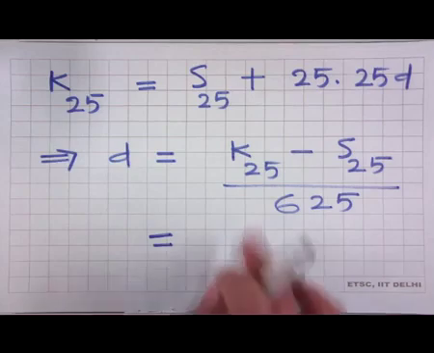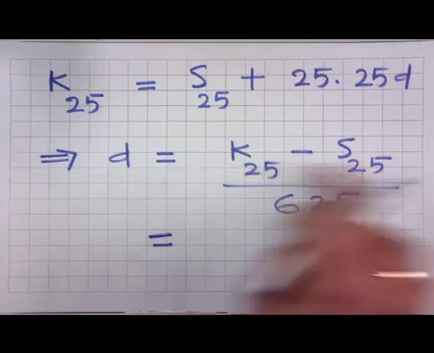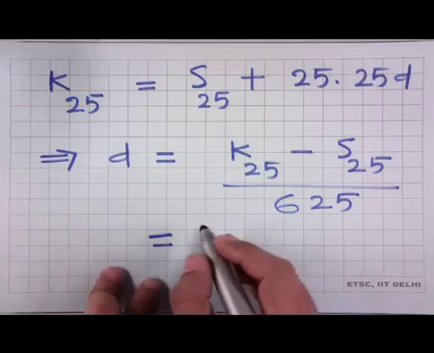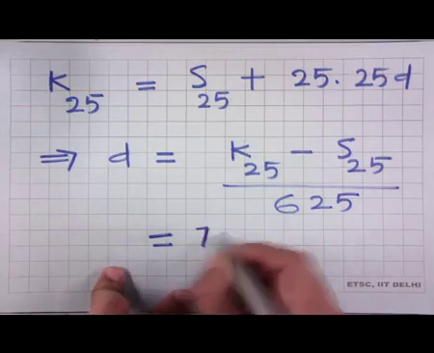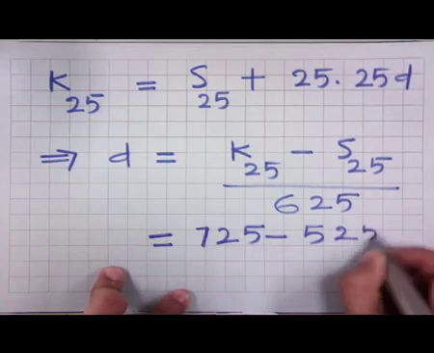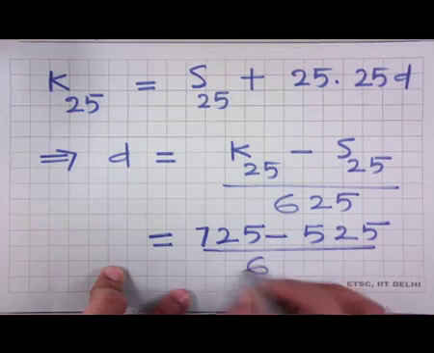Substituting the given values of K25 and S25, we obtain D equal to 725 minus 525 by 625.